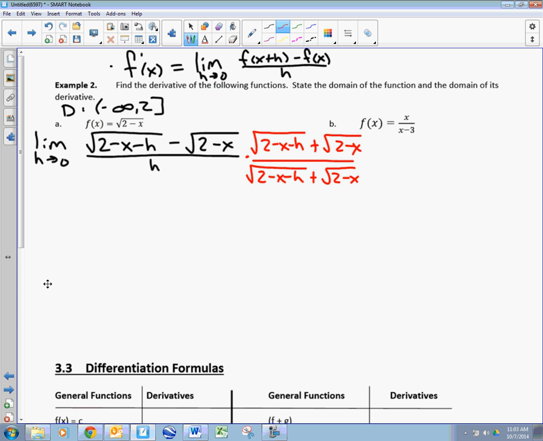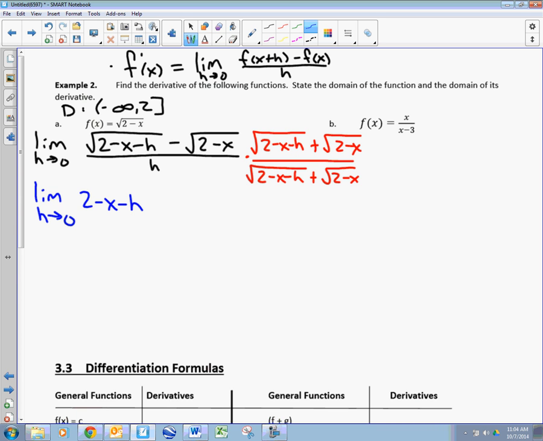Why can I multiply something by the conjugate? What is that value right there? It's just 1. Looks a lot different than 1, but it ain't. It's 1. Okay, so we multiply. Limit h goes to 0 of, yep, 2 minus x minus h.